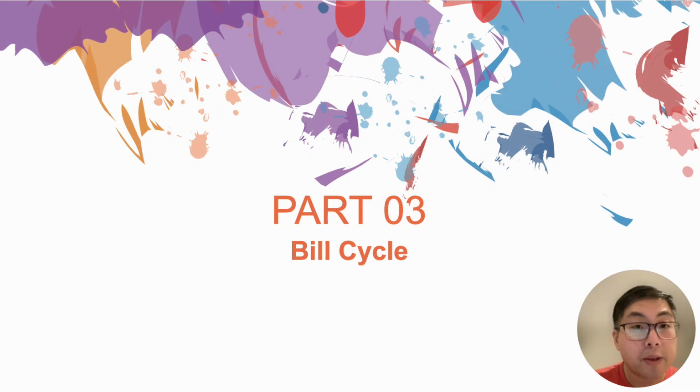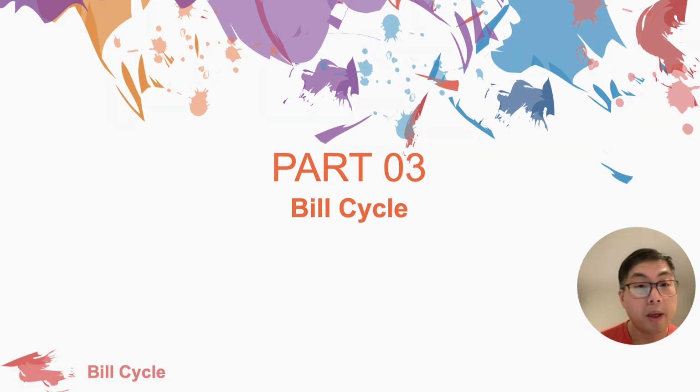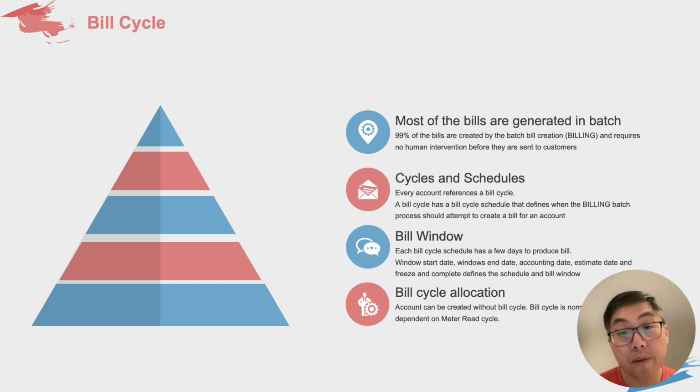Okay, so part 3, we will look at the bill cycle. First of all, let's be honest: if you have projects with a utility, the utility could have hundreds, thousands, or in some cases millions of customers, and every month you are potentially generating millions of bills, if they are monthly bills.